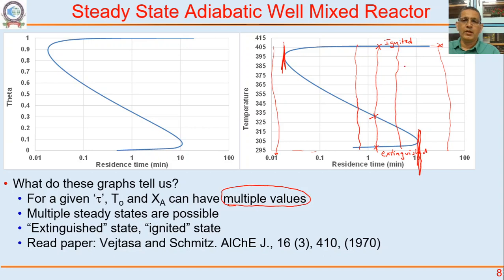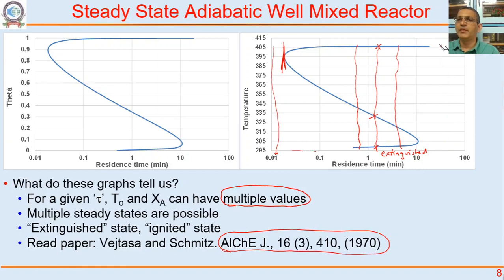You can read this paper. This paper talks about all these things. They have actually done experiments and measured these values for some reaction. We'll talk a little bit about stability of these steady states as we go along. But the reason I'm bringing this point is that you could have very dramatic reactor behavior when we change values of residence time.